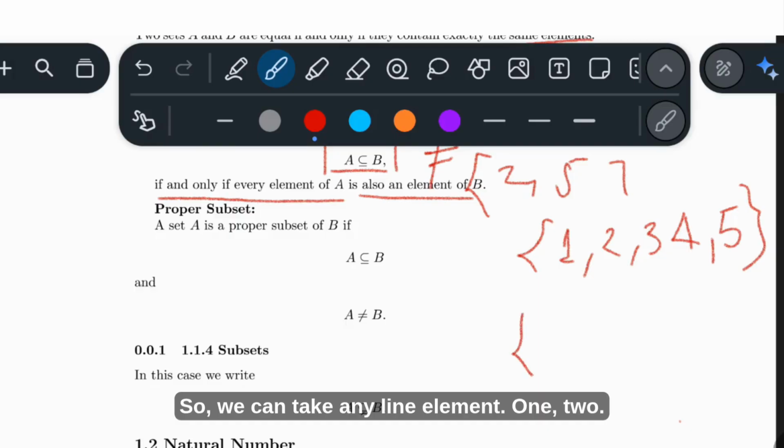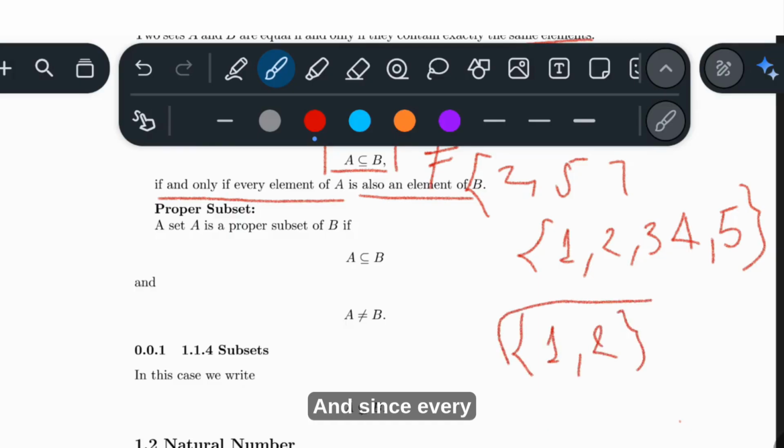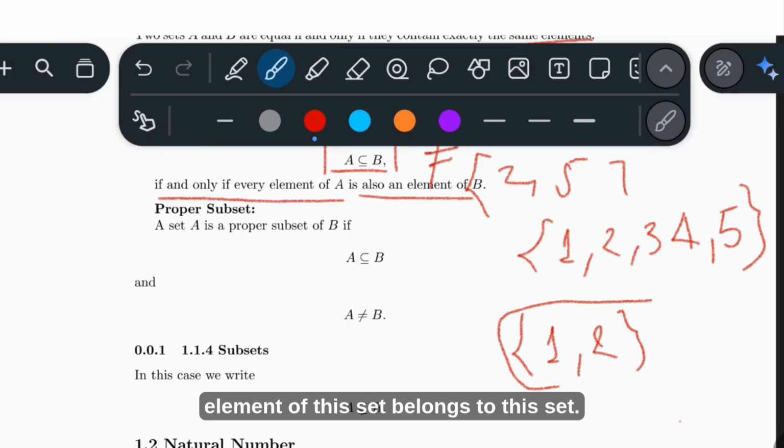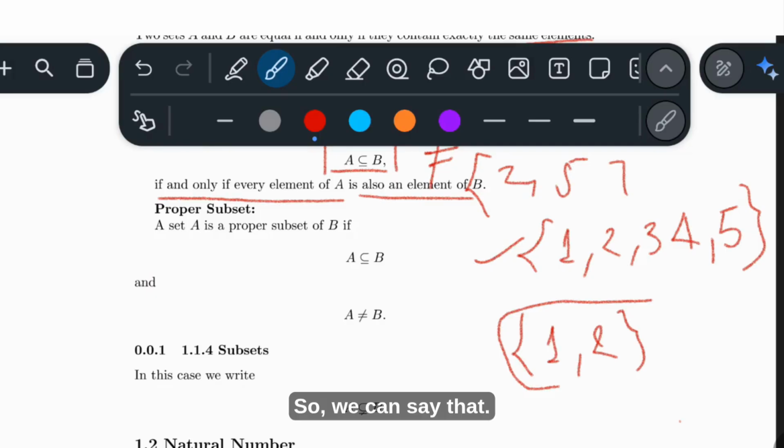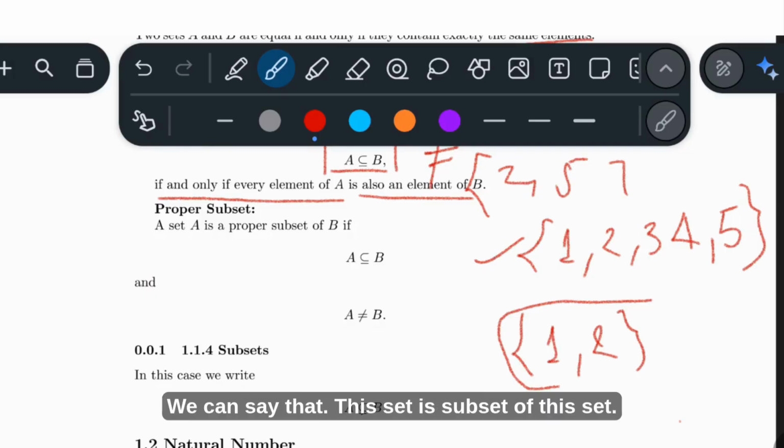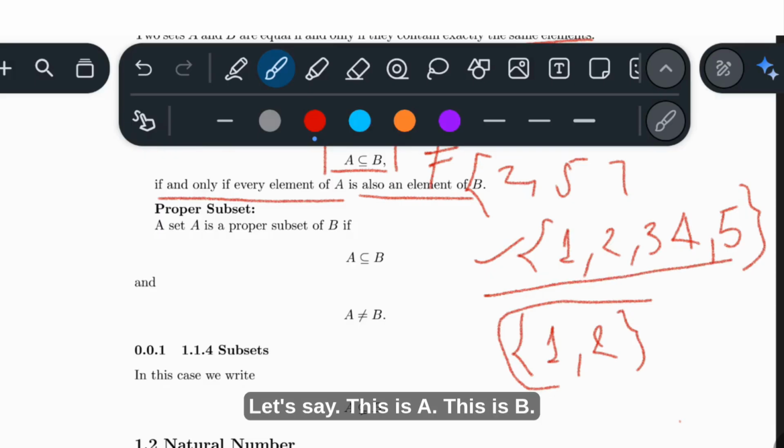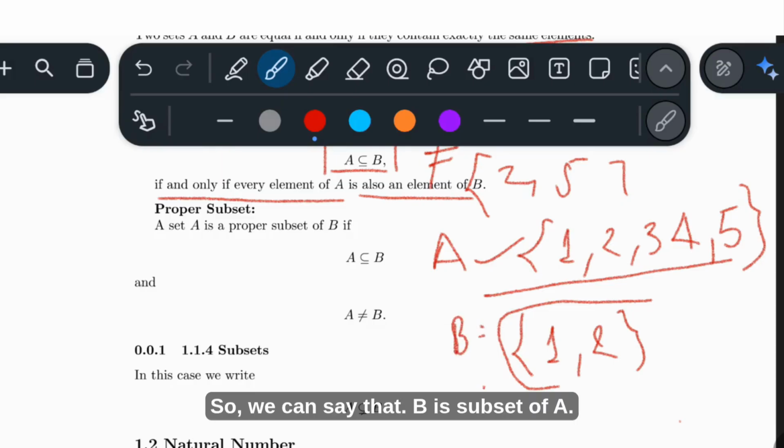We can take any elements, 1, 2, and since every element of this set belongs to the other set, we can say that this set is a subset of that set. Let's say this is A, this is B, so we can say that B is a subset of A.